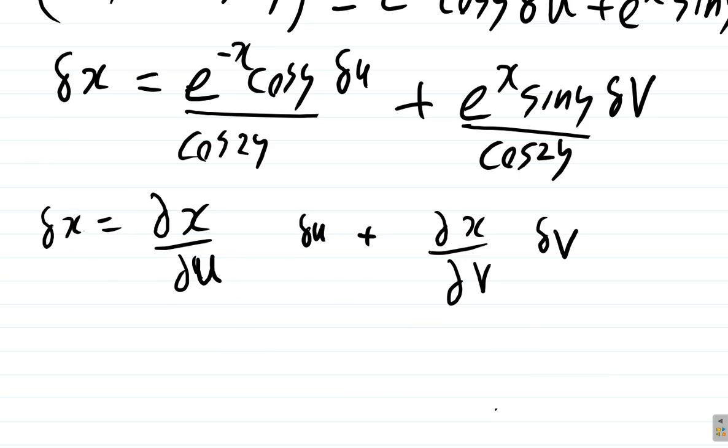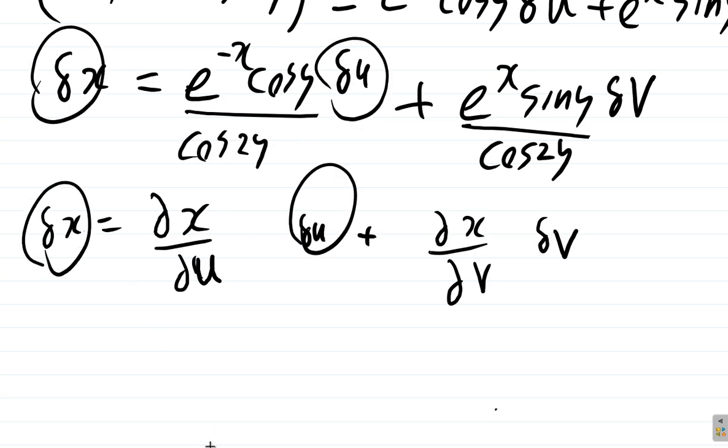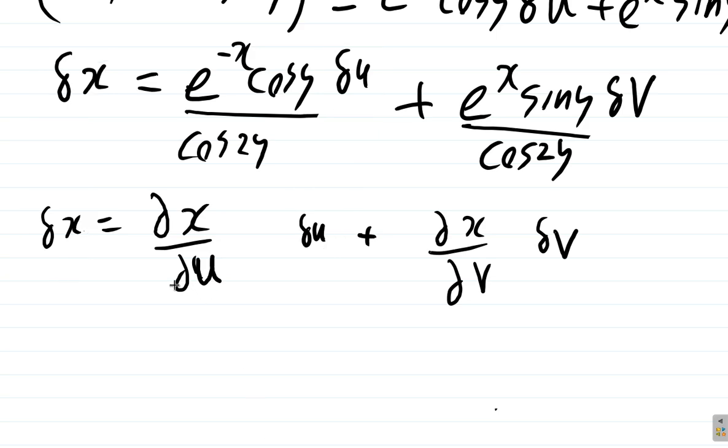Alright, so back to this thing where you see this and this is the same, this and this is the same. So this and this would be the same. And the same argument applies over here. Same thing here.